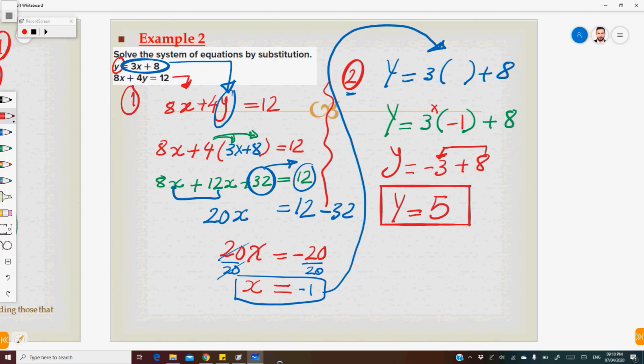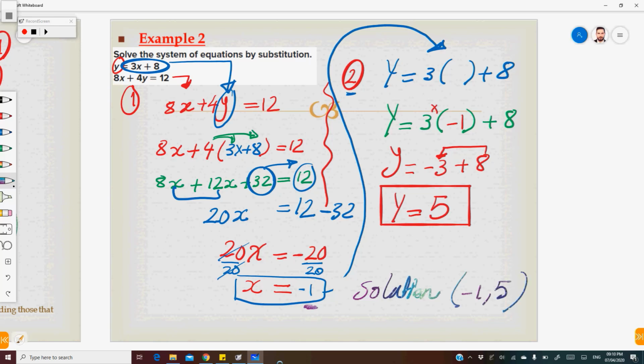So, do you still remember how can I write our solution? Your solution is, start with x, -1, then y is 5.